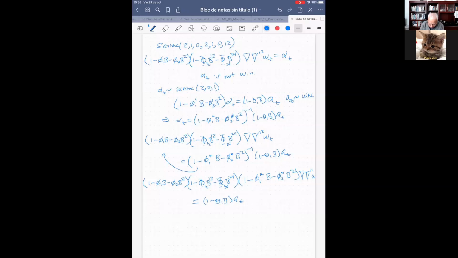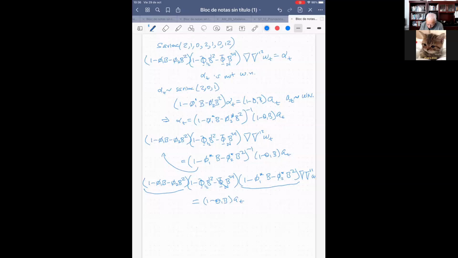So if you look at this polynomial times this polynomial, what I get is a polynomial of order 4, right? For the non-seasonal part, the phi ones are components for the non-seasonal part. So it looks like an AR4 on this side.